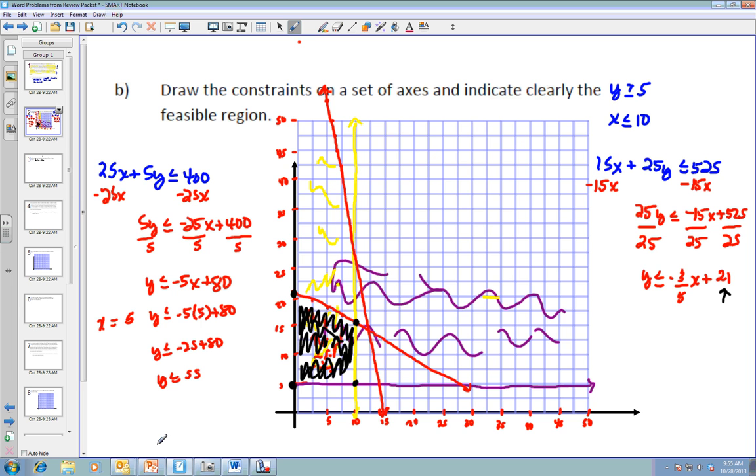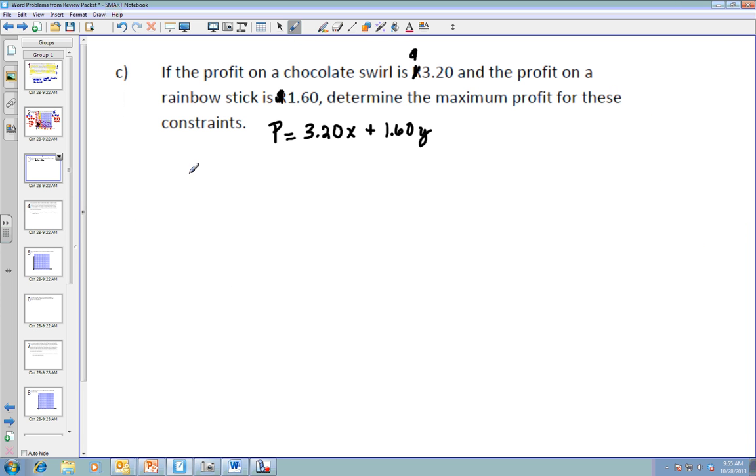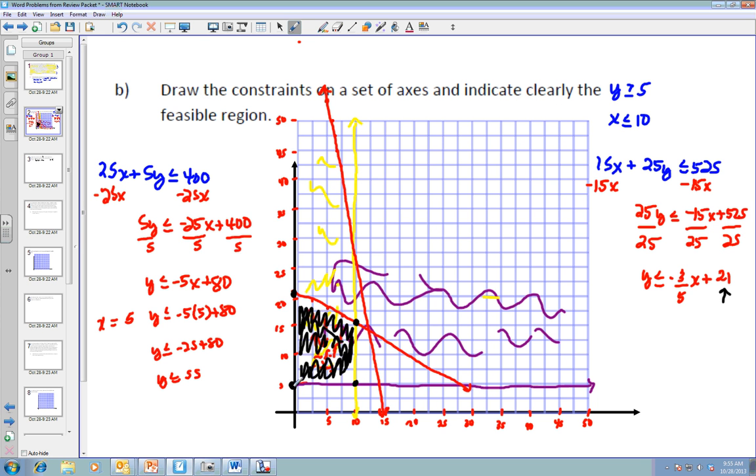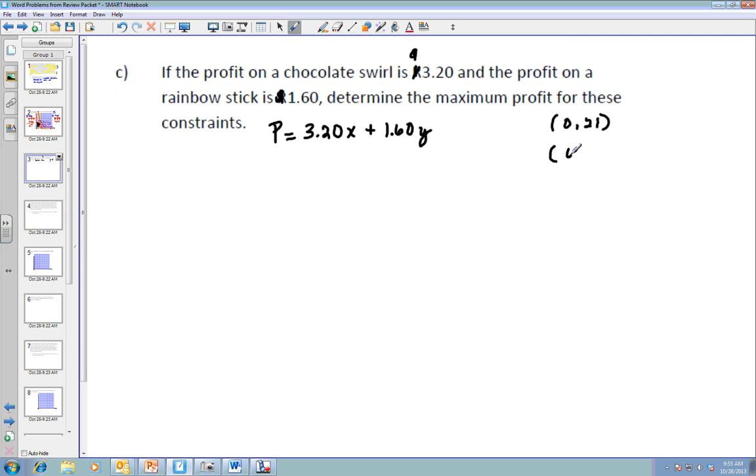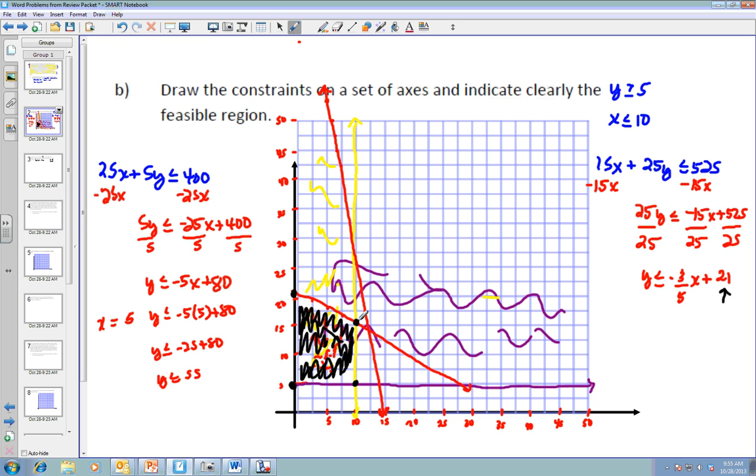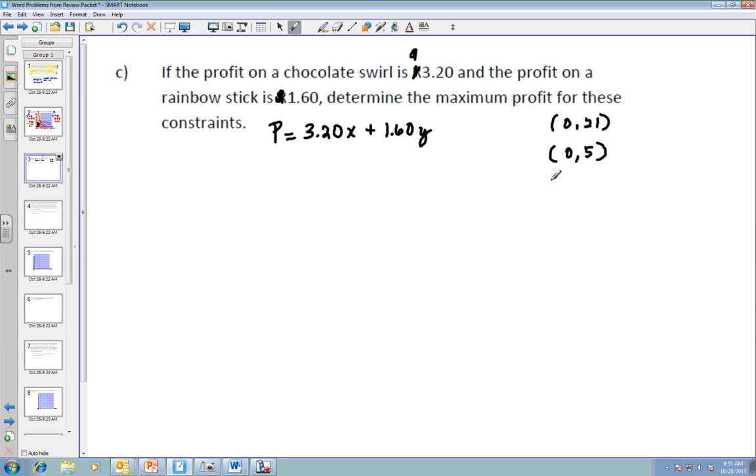So I'm going to write, one point was (0, 21). This point right here was (0, 5). This point right here we're going to have to kind of estimate. That looks like it is 10 and maybe 16, somewhere around there. So (10, 16).